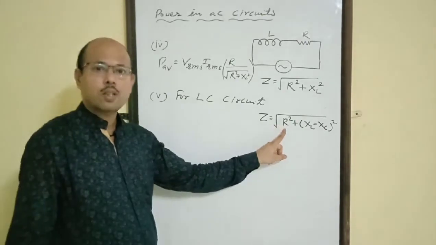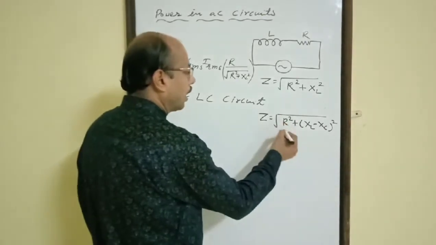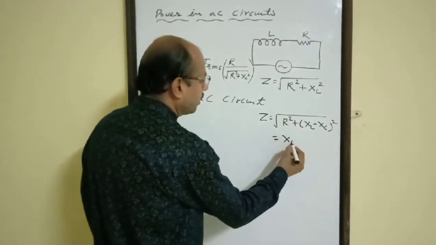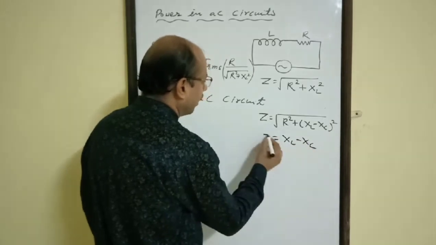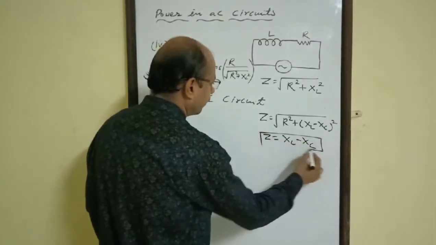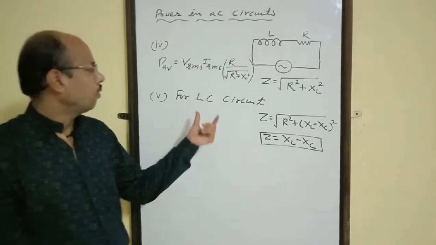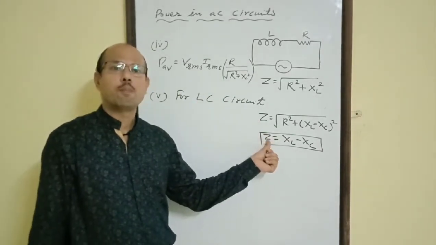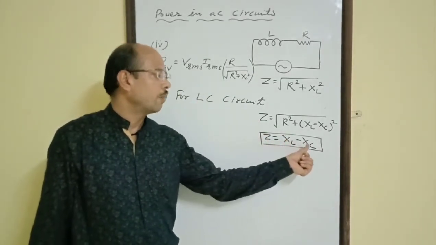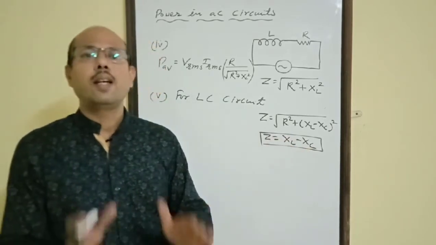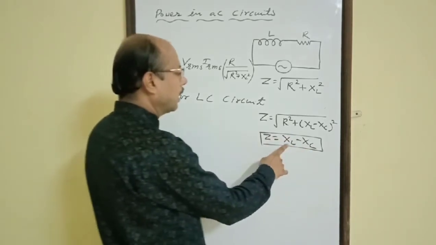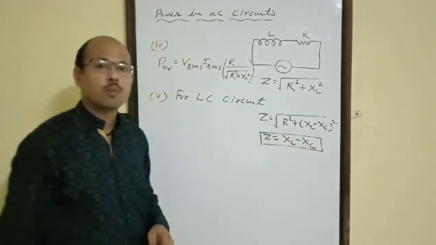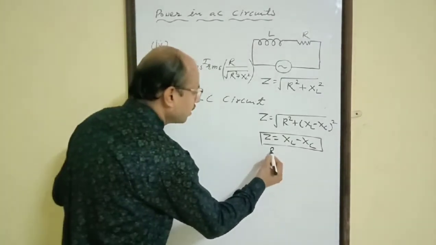Since there is no term of R, R will be 0 and finally Z will be only XL minus XC. In the case of an LC circuit, effective impedance will be XL minus XC, or we can say the difference of inductive reactance and capacitive reactance, and R is 0.